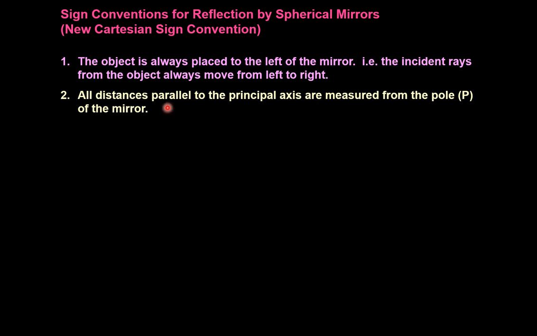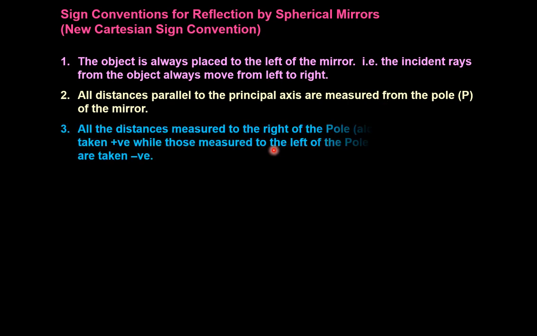Correct? Next, all distances measured to the right of the pole, this point P being the reference point, will be taken as positive, while those measured to the left of the pole, that is the negative x-axis direction, will be taken as negative.